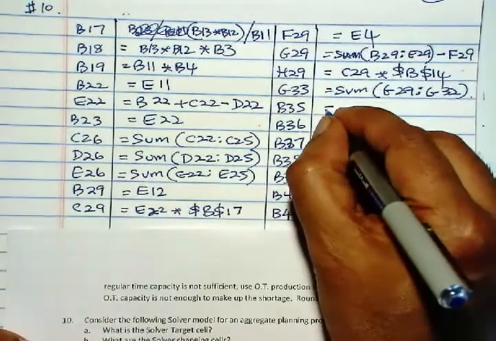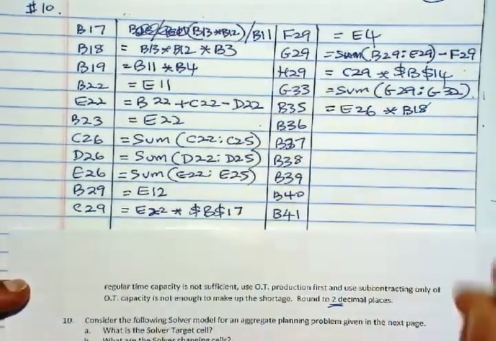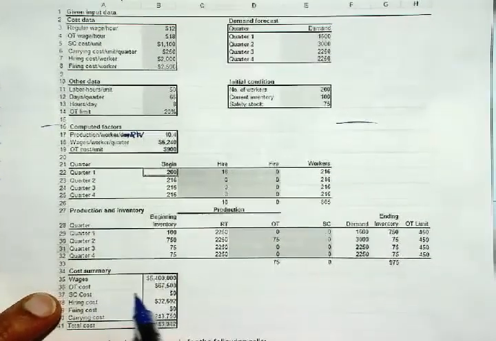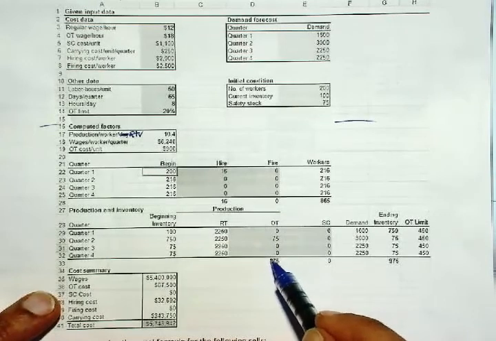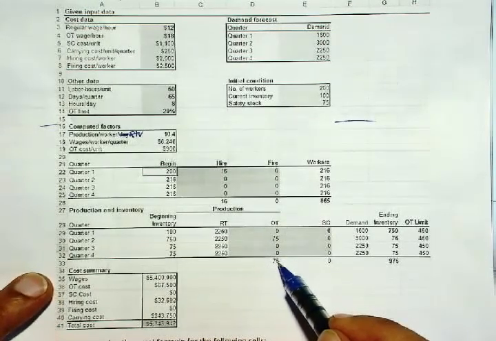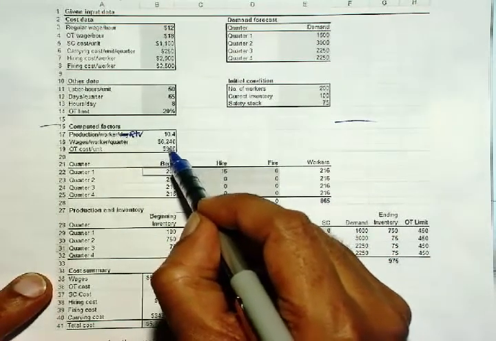So E26 times B18. Now B36 is overtime cost. So now here is the overtime units produced, which is D33, times the overtime cost per unit, which is B19.